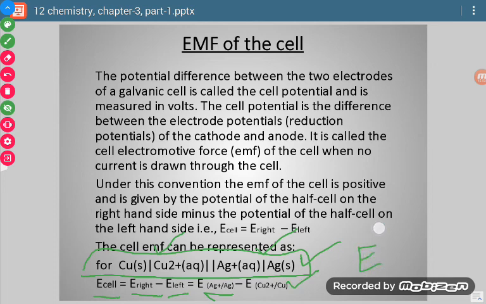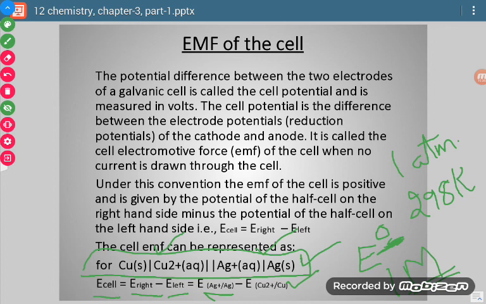So the right side cell is the silver one and the left side cell is the copper one. Sometimes we use the E naught symbol also, which means under standard conditions, or standard EMF of the cell. Mathematically the values are the same. When we talk about standard, it means the concentrations are 1 molar, the temperature is 298 Kelvin and the pressure is 1 atmosphere.